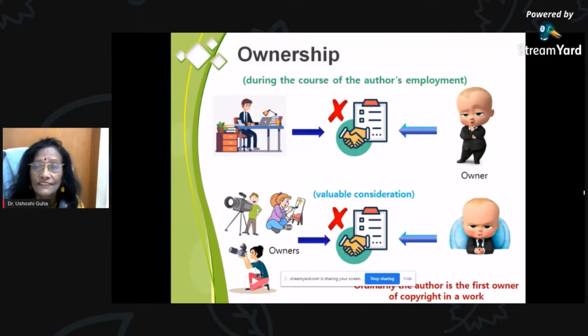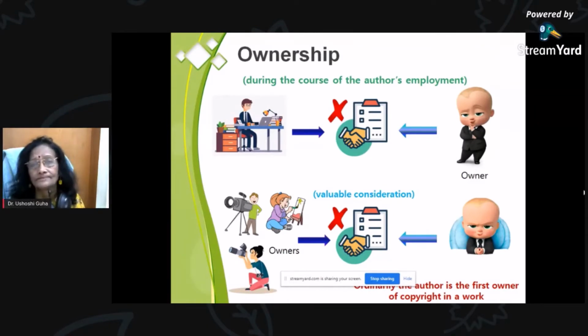A photographer is under an agreement with the owner. There are two kinds of agreements. If the photographer says that for a valuable consideration you are the owner, it means you are the tenant. Otherwise, if they have an agreement saying on a percentage I am a co-owner, then the owner has to give money.